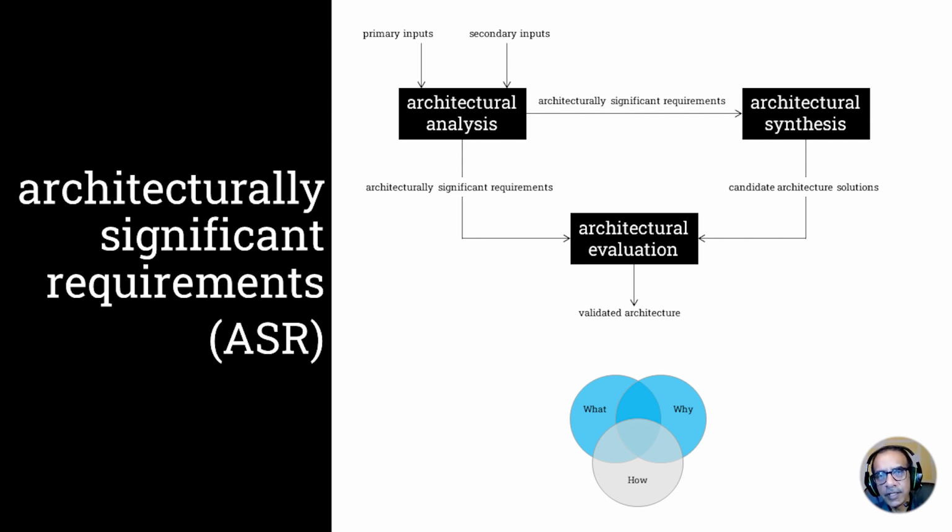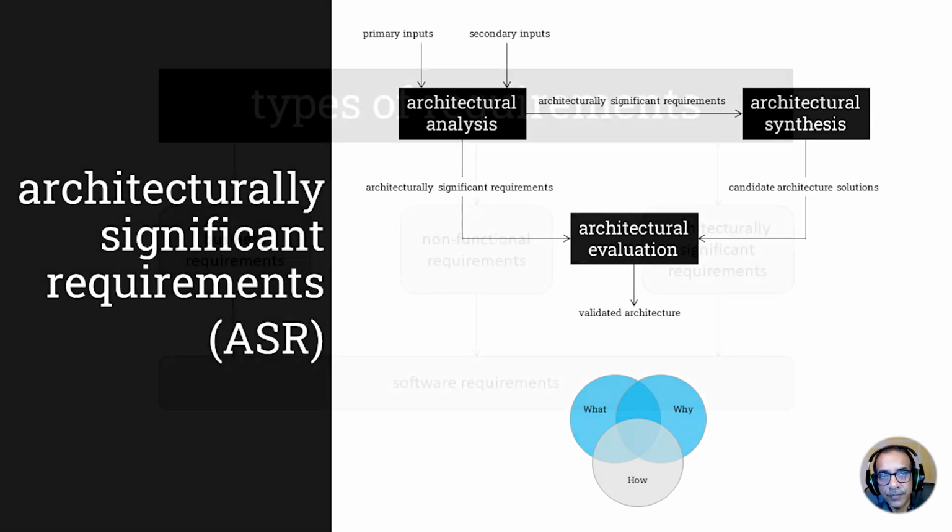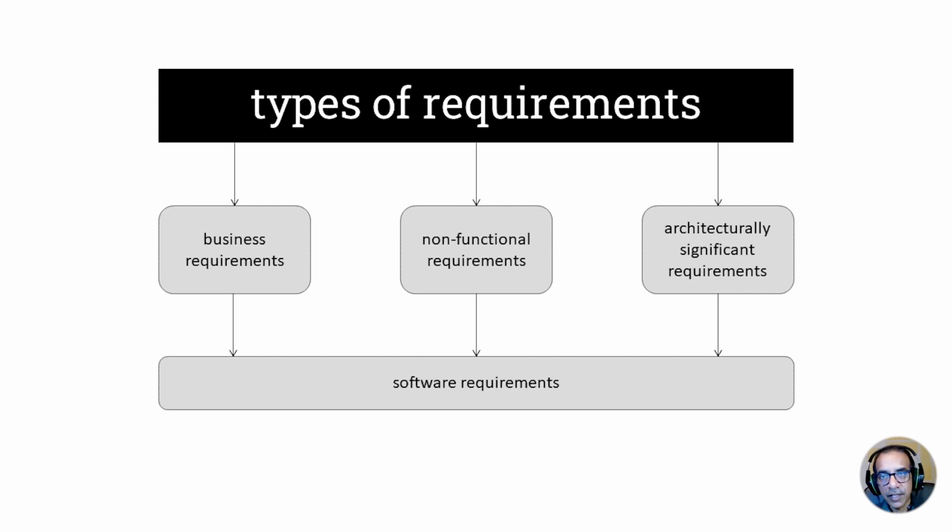Once a few alternative solutions called candidate solutions are in place, they are evaluated to check if they conform to the ASRs or not. If there are requirements other than ASRs, there will be many, of course, they can very well be taken care of during the coding phase by the engineers. And all of these three give us software requirements and input to the engineering team.